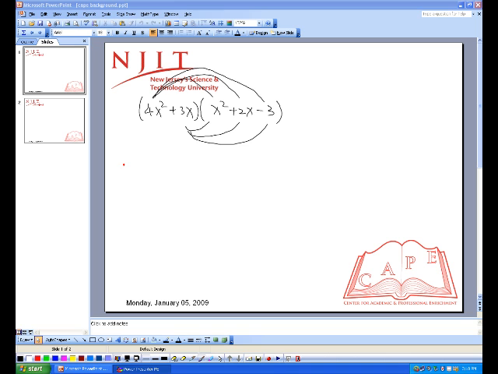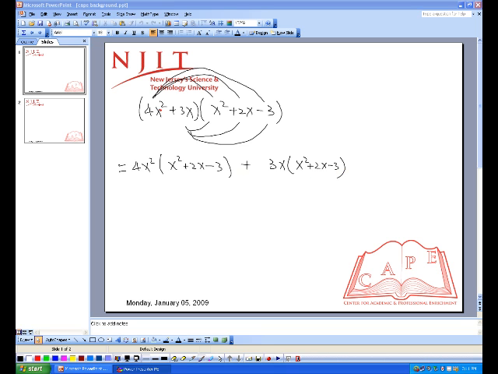Okay. Now that means you can ignore the 3x and just look at 4x squared first. So now it's 4x squared, multiply this by the whole thing. So it's 4x squared multiplied by x squared plus 2x minus 3, plus 3x times x squared plus 2x minus 3.